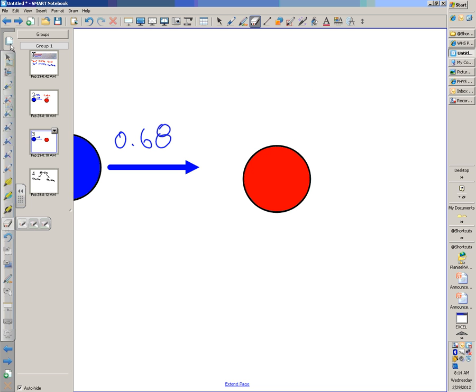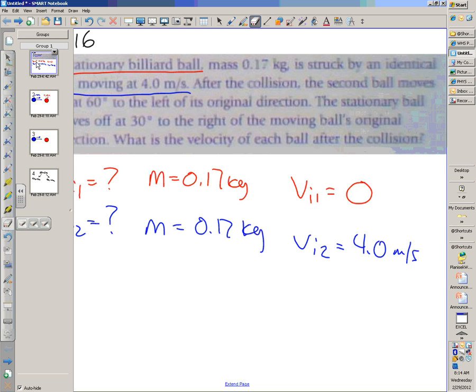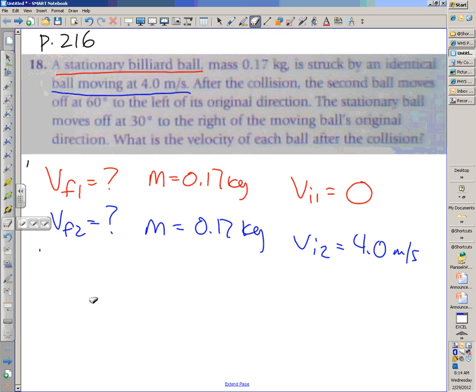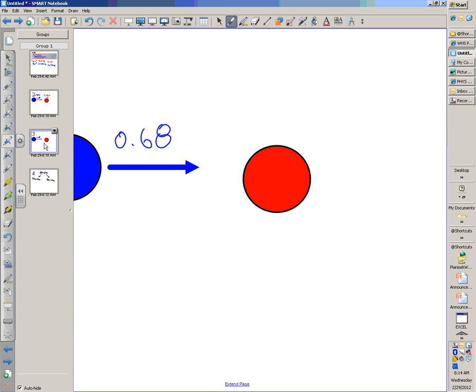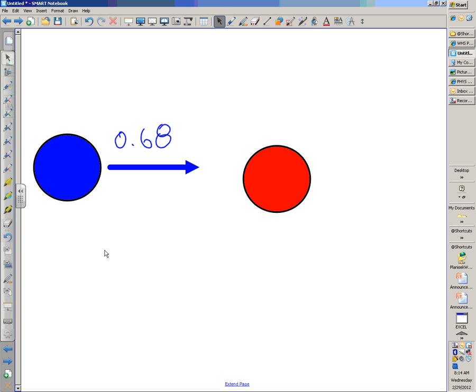It tells us in the problem that after the collision, the stationary ball moves off at 30 degrees to the right of the original direction, whereas the ball that was moving moves off at 60 degrees to the left of the original direction. So let's go here, okay, like that. Even though if you're watching the recording, you can't really see it, but, right?